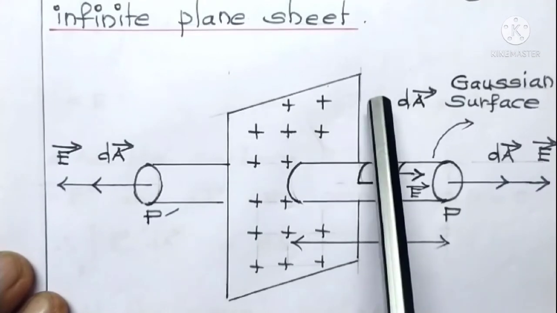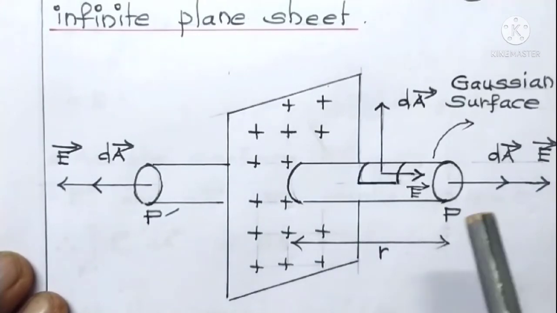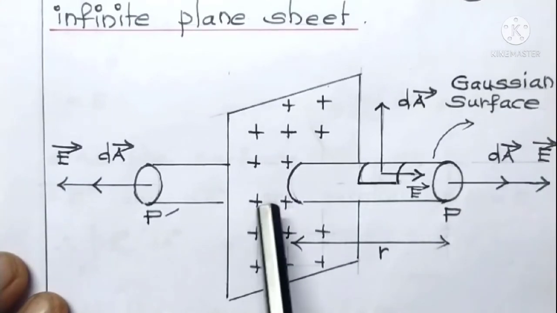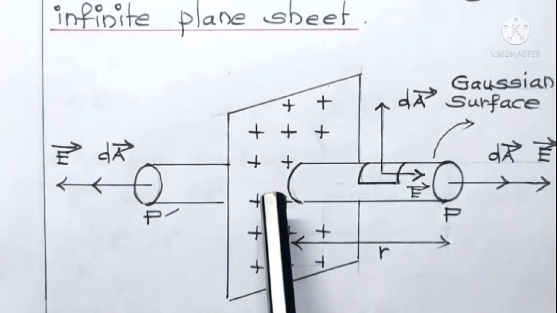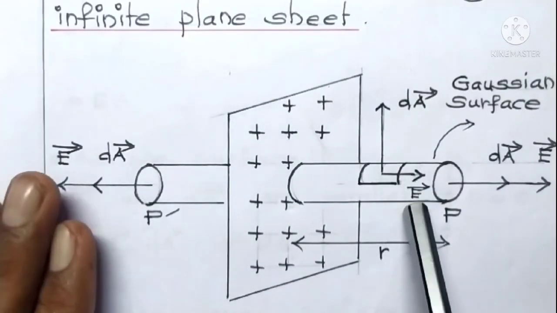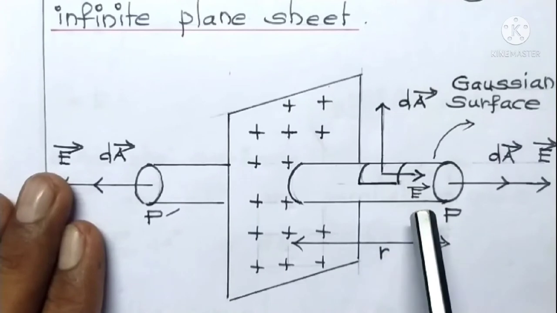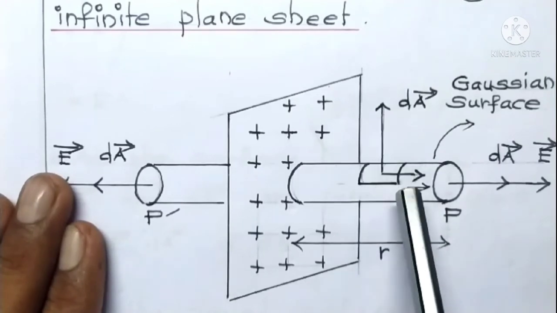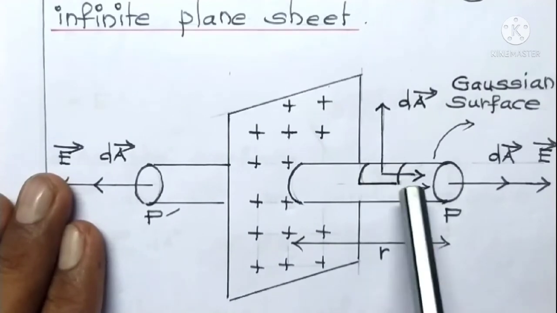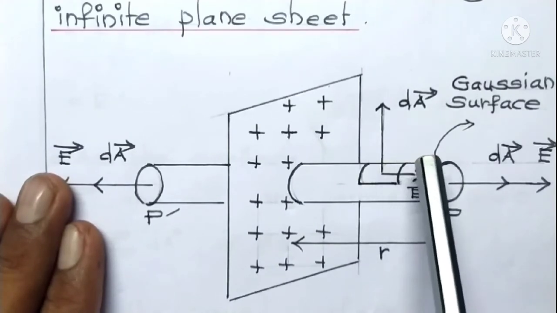So this is the direction of dA vector. And what about E vector? As usual, the E vector is pointing from left to right. So this is the direction of the E vector. In this case, E vector and dA vector are perpendicular to one another. So the angle between them is nothing but 90 degrees.